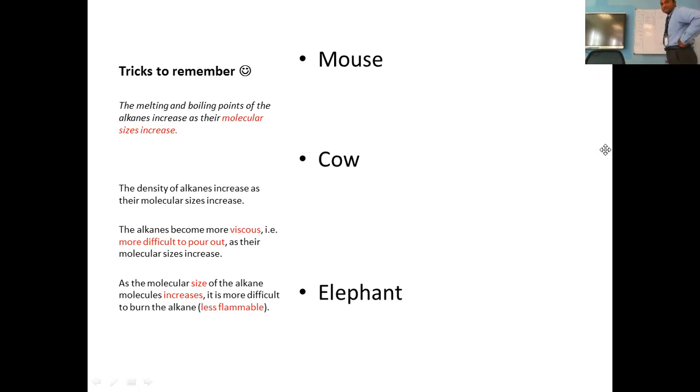The last one, okay, if you were to make a barbecue, you want to burn it and make a barbecue, you would know this is the easiest. This is a bit hard. This is going to be very tough. All right. So in the same manner, in terms of flammability, the smaller hydrocarbon usually can burn very quickly.